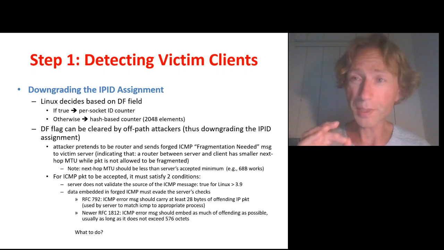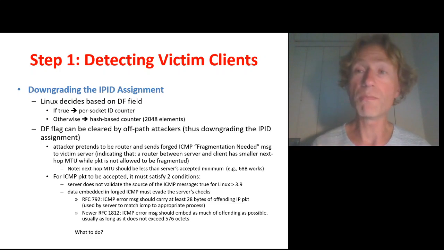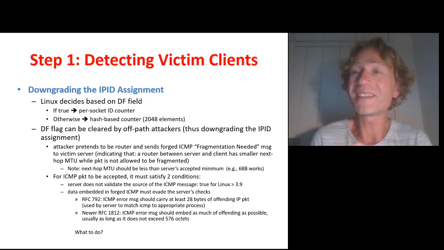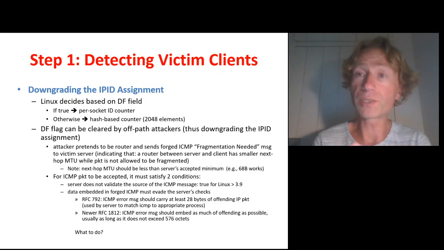Okay? 28 bytes of the offending packet you must provide correctly. Okay? And in the newer RFC 1812, it even says that the ICMP error message should embed as much of the offending packet as possible, okay, but less than 576 octets. How do we provide the right sort of content so as to bypass these checks? We don't know this information. So what to do?